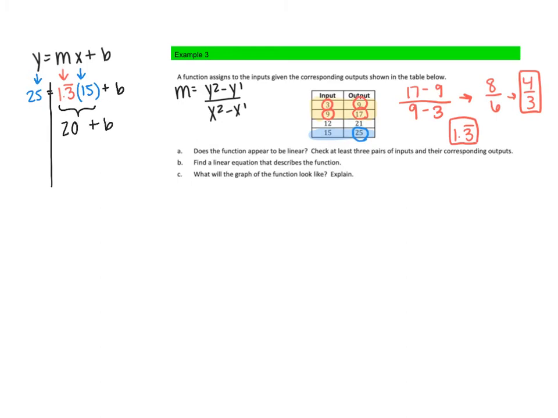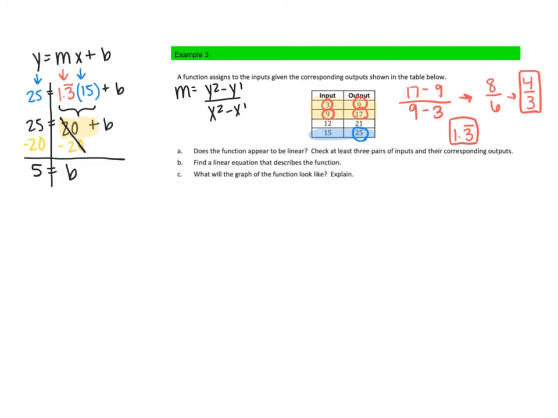Okay, everything else in my equation stayed the same. From there, I'm trying to get b by itself. Right now it's being added to 20, so I'm going to subtract 20 from both sides. And when I do that, over here I'm left with 5. Over here this cancels, and I'm just left with b.